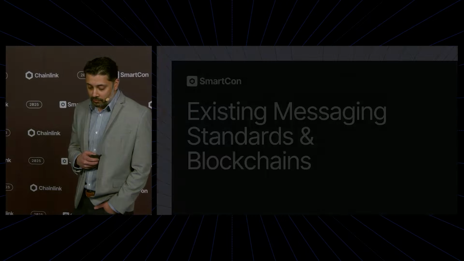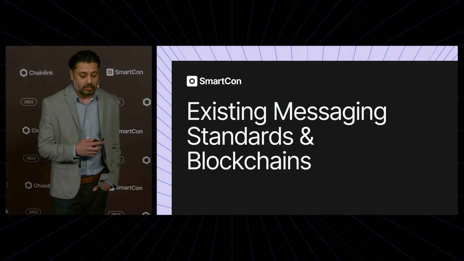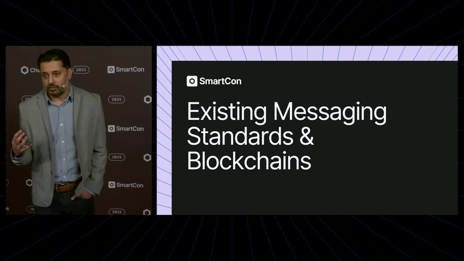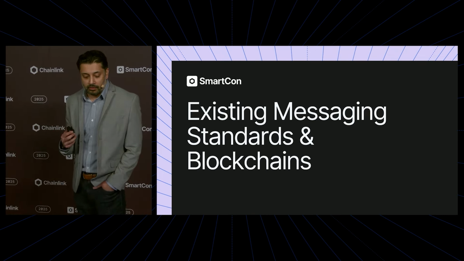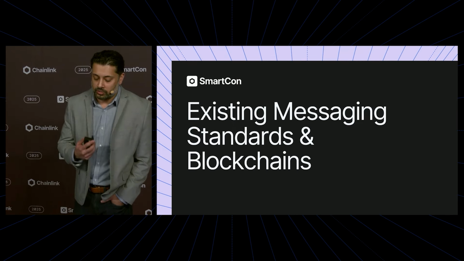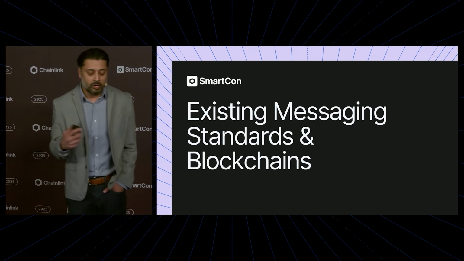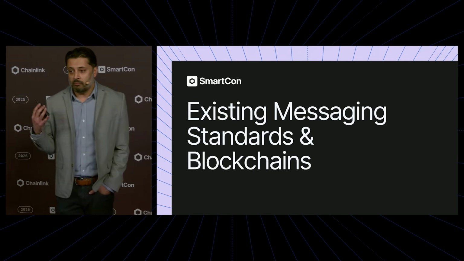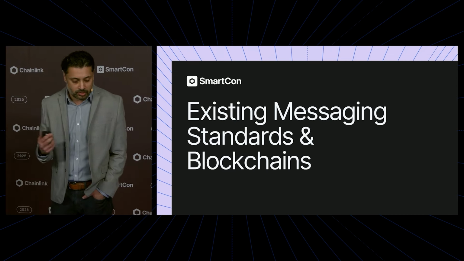Another way that we've been using CRE to power additional services is existing messaging standards like ISO. Messaging and blockchain operations are challenging to manage today. They have challenges because the infrastructure is different. There's traditional systems and blockchain technology that you're converting into. You're dealing with mapping the traditional financial instructions to blockchain instructions.